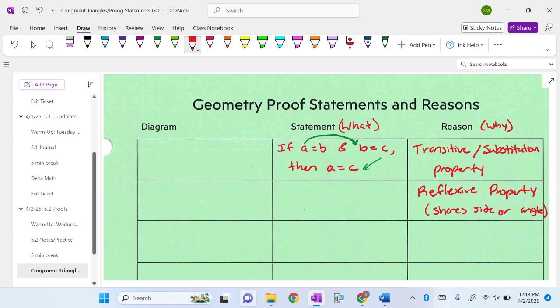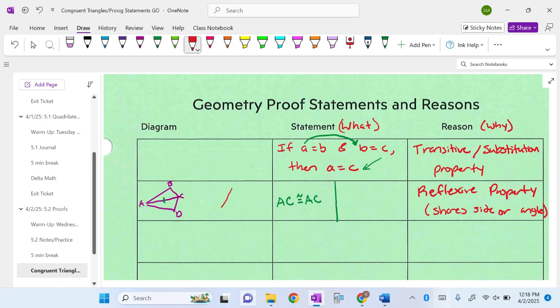So for example, if I had this picture here, I have two triangles, call them A, B, C, D, and they share this side. That means that AC is obviously congruent to AC from both triangles because they share the side.